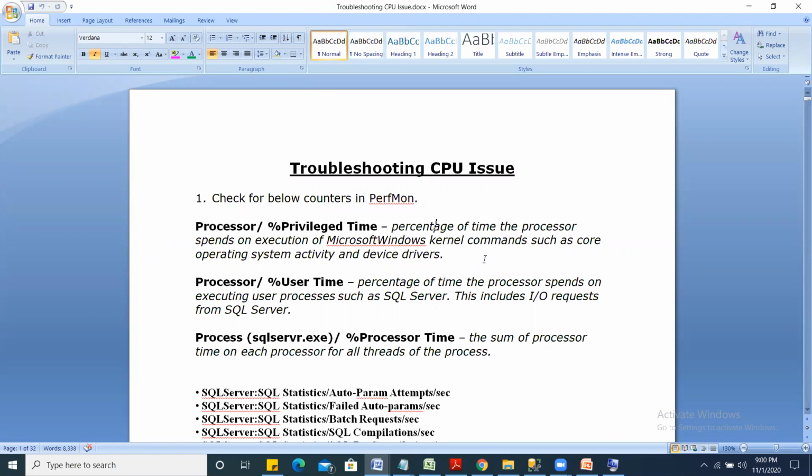Okay, so let us discuss the approach you should follow in order to troubleshoot a high CPU utilization issue.